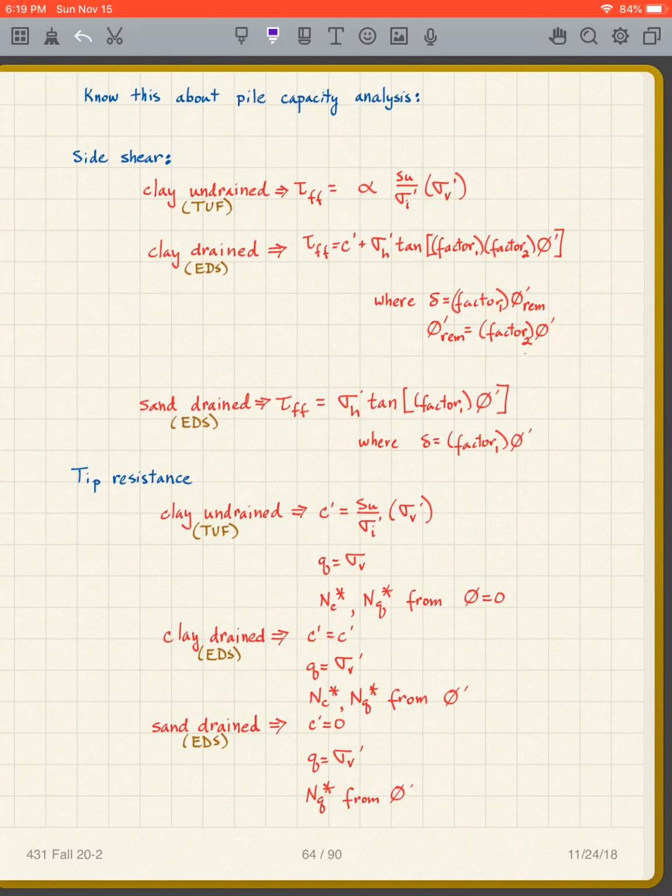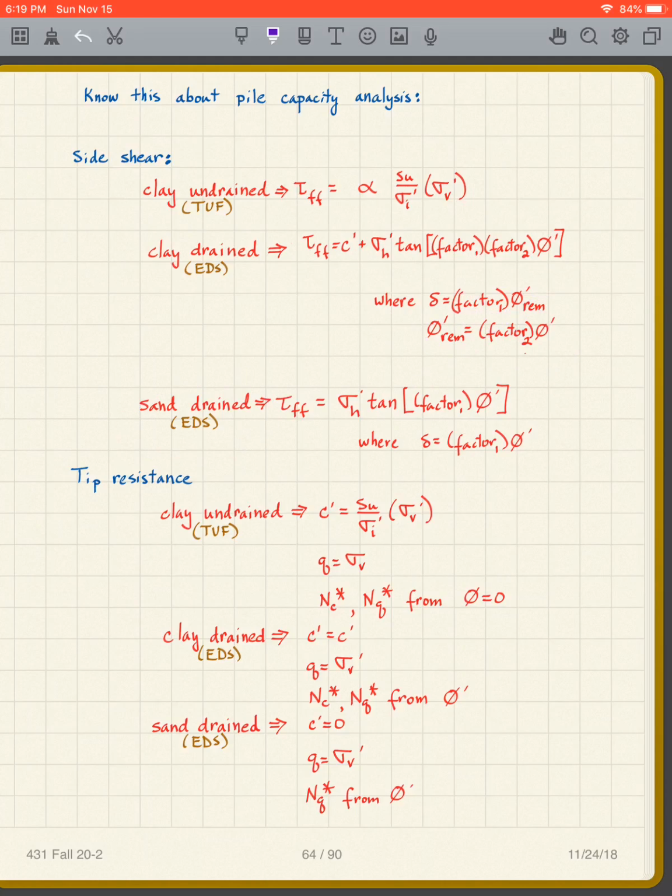And again, when I'm into sand drained, well, I don't have the remolded issue. So no remolded issue for the sand or gravel, because we don't talk about remolding sand or remolding gravel. It's a different issue. So why? Because we don't consolidate the sand. We don't consolidate the gravel.